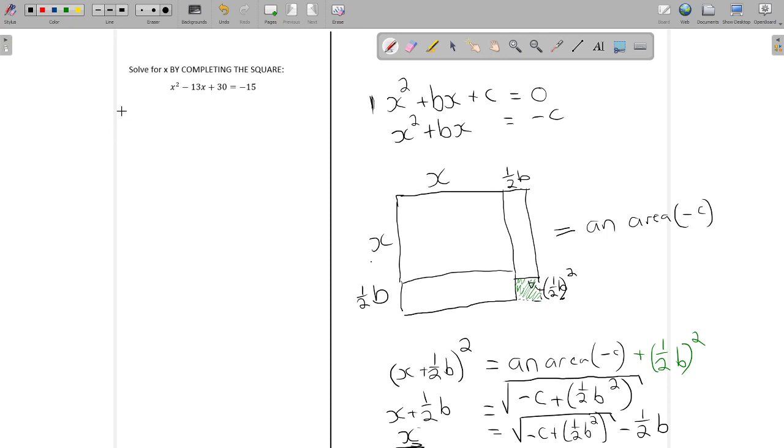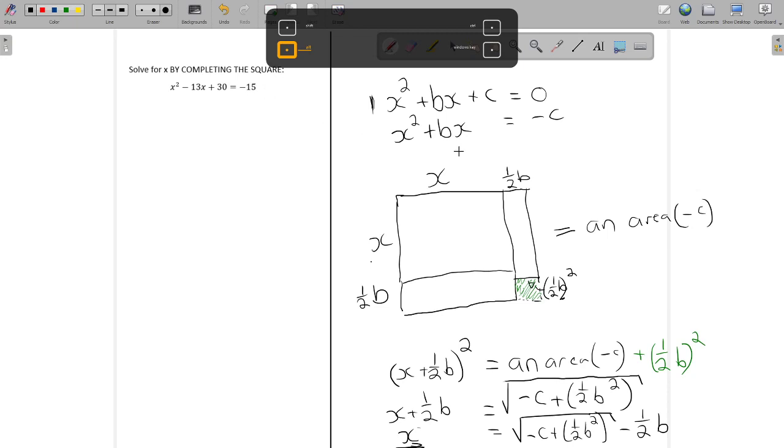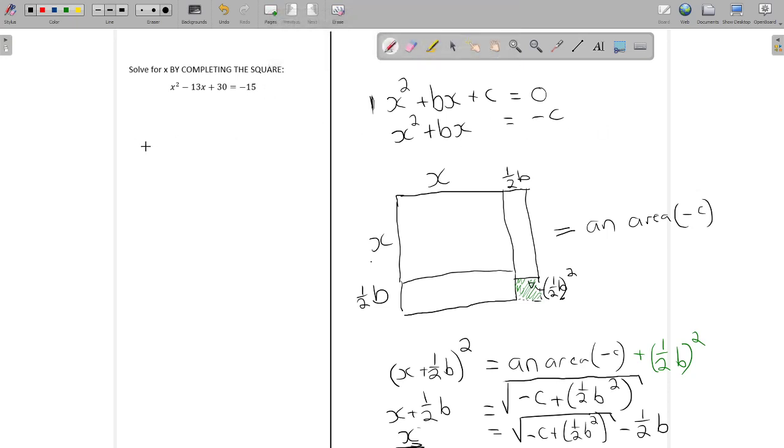The first thing we did was we made it in the form x squared plus bx is equal to an area. So let's do that. x squared plus bx is equal to an area.